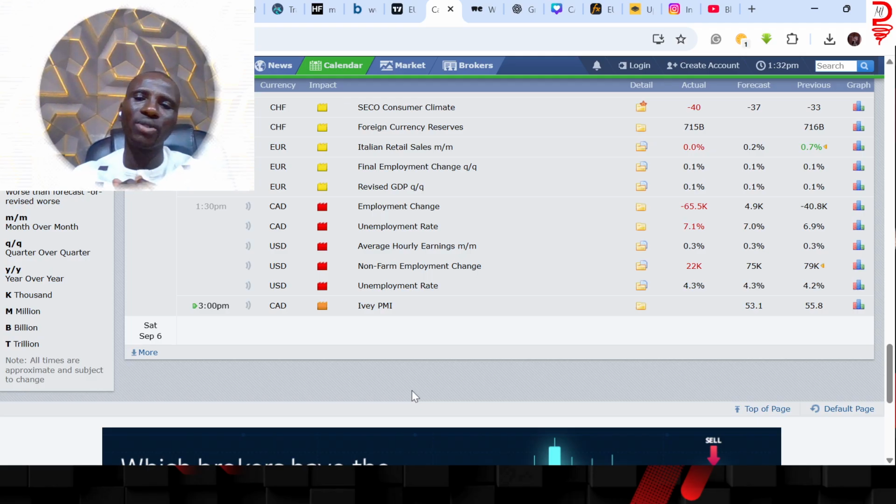Unfortunately, when the data was released, it happened to be that only 22,000 people were employed in the last month. In fact, the ideal expectation for the economy of the United States is 100,000 employment on a monthly basis. However, our focus is to look at the previous versus the forecast, and most importantly, the actual.